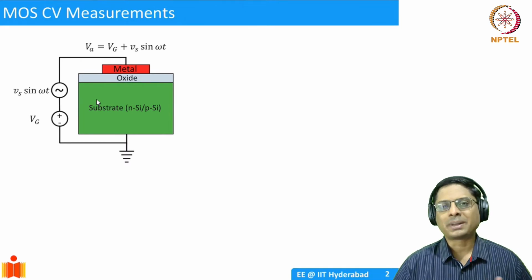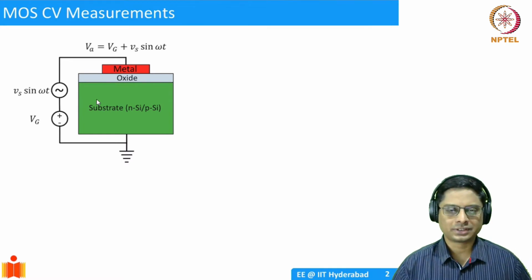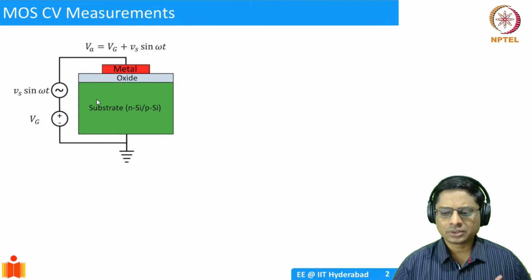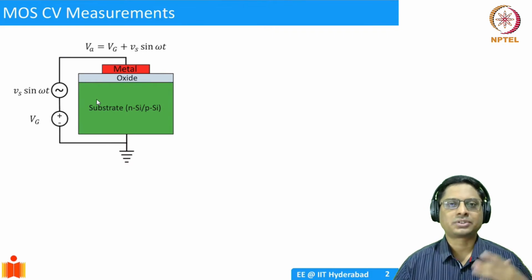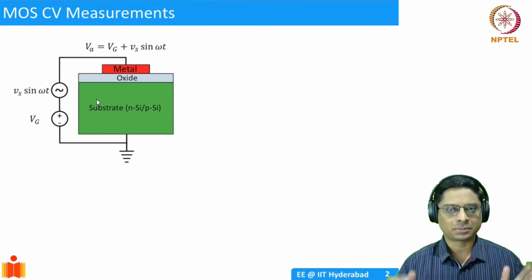When you take a CV of a capacitor, if you take a parallel plate capacitor, what is its capacitance? The capacitance is simply the capacity to store charge. Let's say you apply a positive voltage to one of the plates. Then it develops a positive charge, and there will be an equal and opposite negative charge on the other plate.